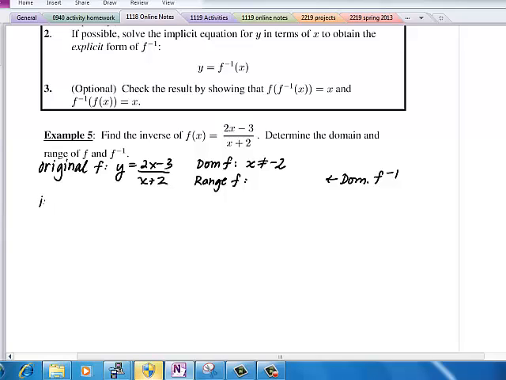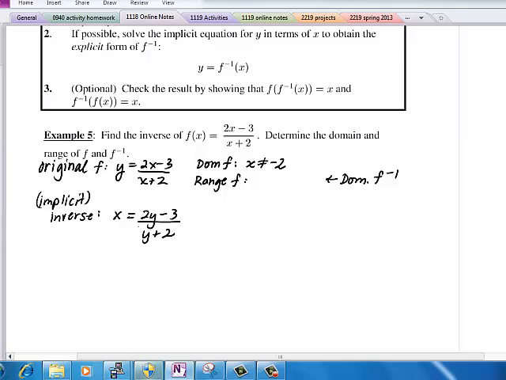I'm going to then write down the implicit inverse, which is where I switch x and y. So I'd have x equals (2y minus 3) over (y plus 2).